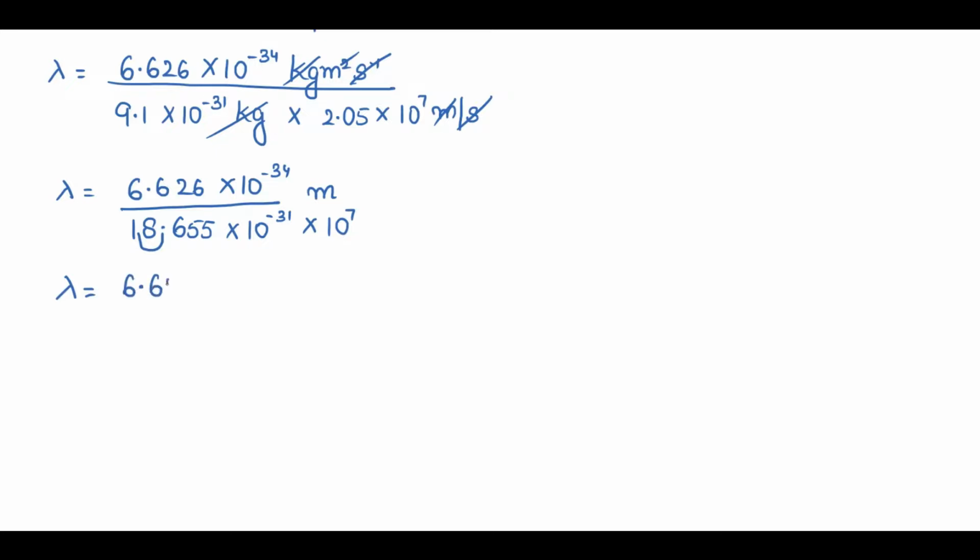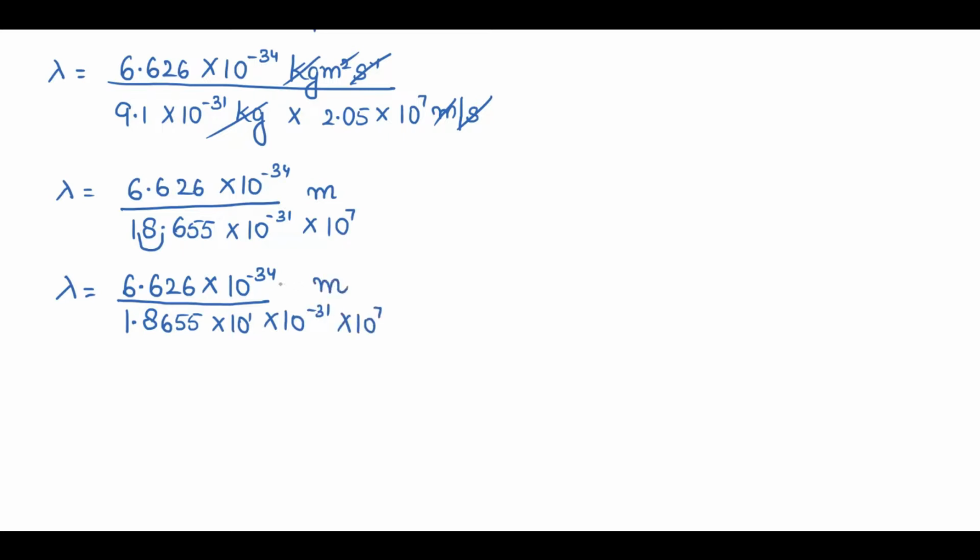So lambda equal to 6.626 into 10 raised to power minus 34 divided by, displacing the decimal by 1 digit, 1.8655 into 10 raised to power 1 into 10 raised to power minus 31 into 10 raised to power 7.